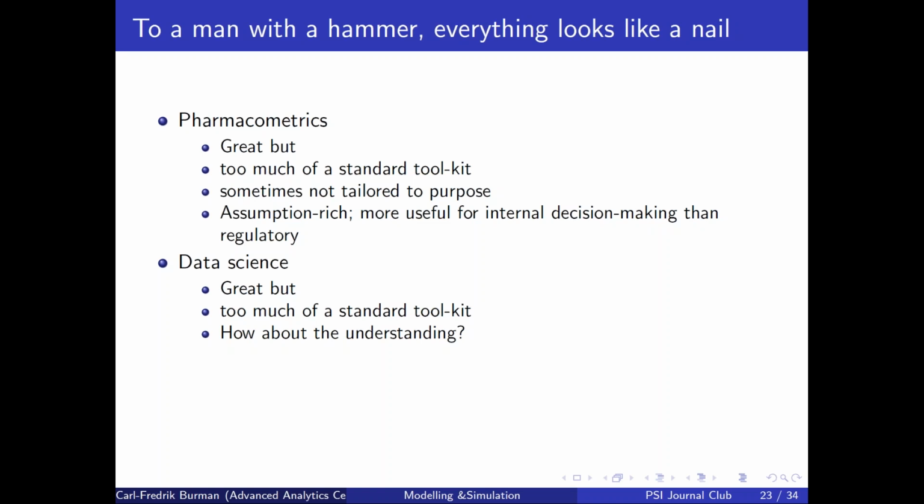There's a risk of getting too much of a standard toolkit. So how about us statisticians? Same thing. We have a tendency to know a way of analyzing data, and we stick to that. We should try to look at what others are doing, what experts could say, and how a diversity of data sources could be used.